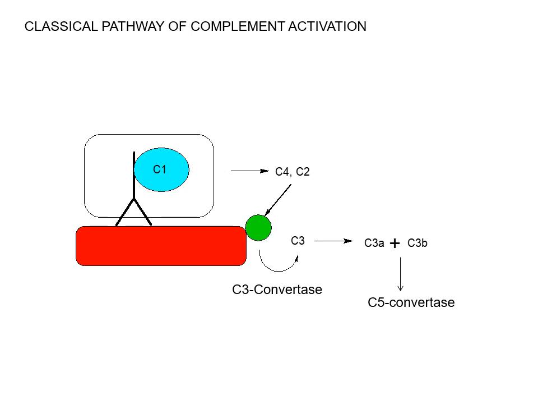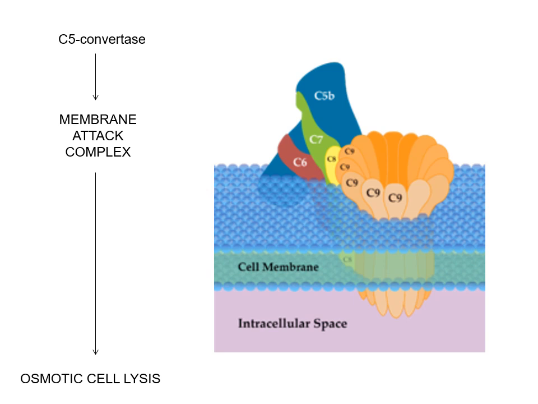Again it cuts the C3 part of the complement to C3a and C3b, which activate C5 convertase. C5 convertase activates other parts, and what it does is it creates a membrane attack complex.